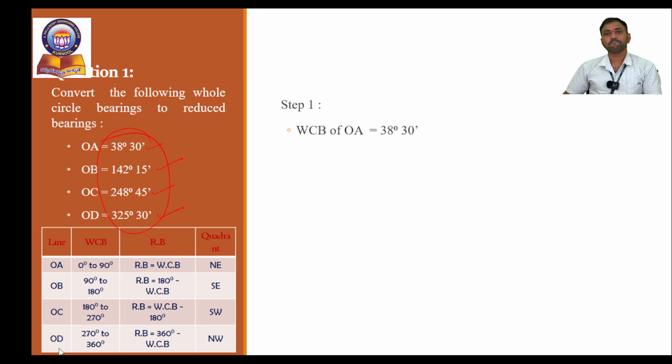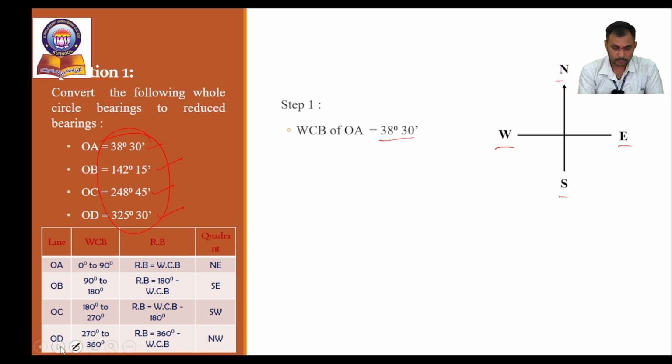Step 1. The given data, the whole circle bearing of OA is 38 degrees 30 minutes. Let us take the directions north, east, south and west and draw the 38 degrees 30 minutes from north onwards. This is the 38 degrees 30 minutes.